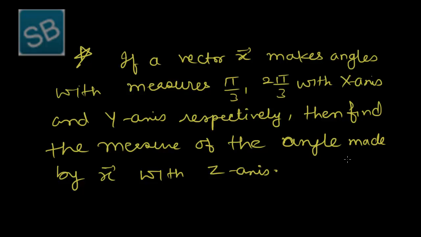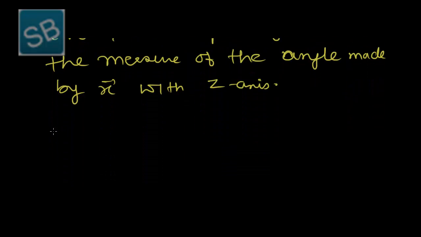Now here we have two angles, that is alpha and beta. Now we have to find gamma, that is the angle between vector x and the z-axis. As we are familiar with the property l squared plus m squared plus n squared is equal to 1.